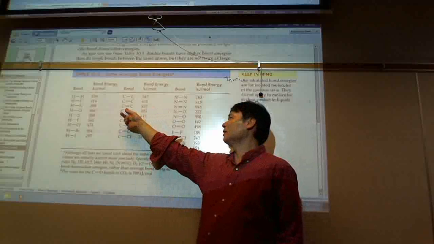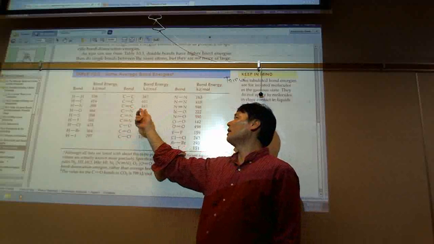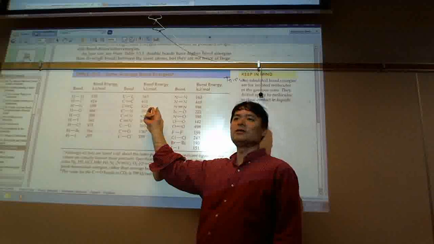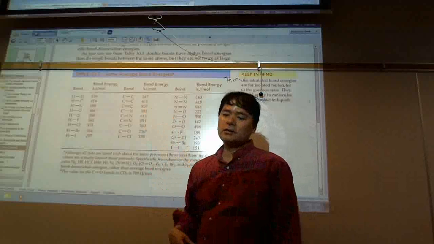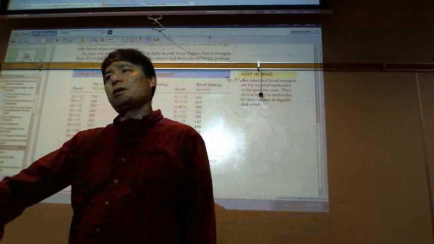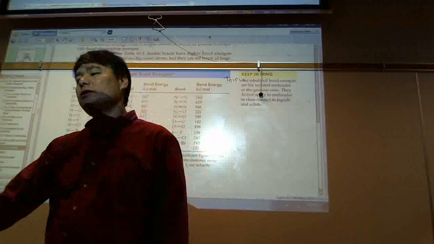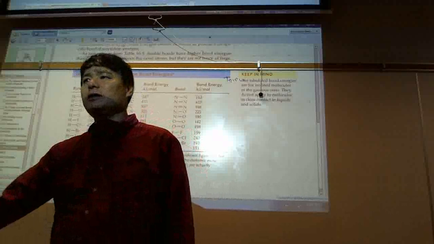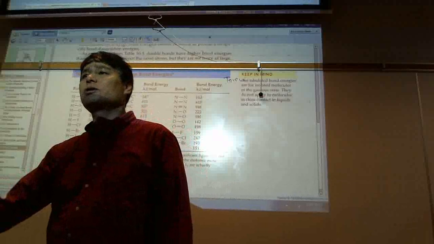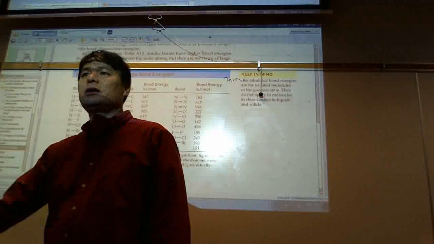When you look at acetylene, it should have a carbon-carbon triple bond. Look at the bond energy, 837 kilojoules per mole. If I were just to look at the bond energy alone, I would predict that acetylene is quite stable. But then the situation with acetylene is that it's electron rich, and it turns out it's a pretty good fuel.